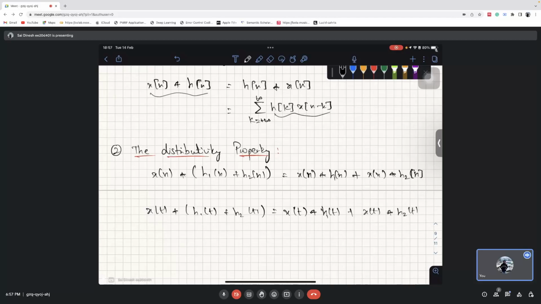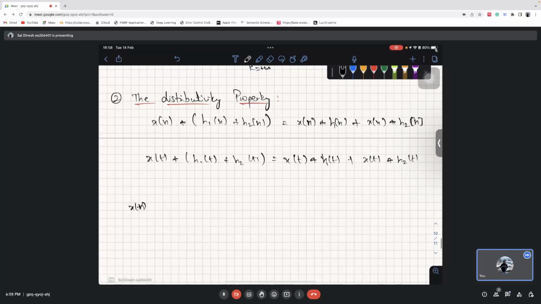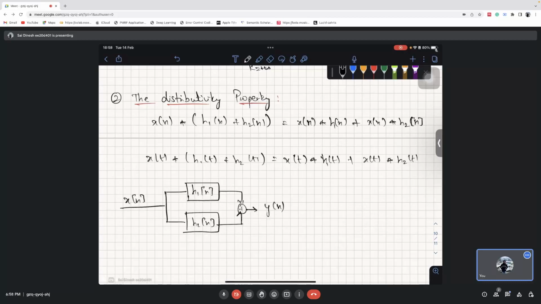This is the convolution. So basically what it means is, let's talk about the discrete case only. If we have a signal x of n which goes through a system which has both h1 of n and h2 of n, this gives y of n.